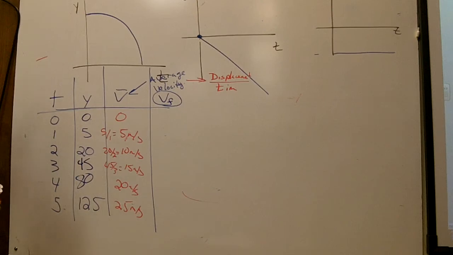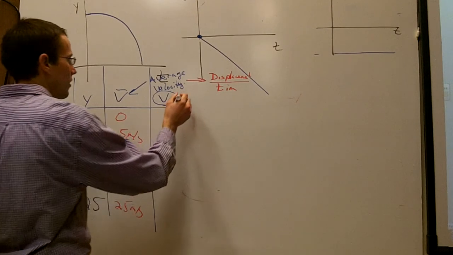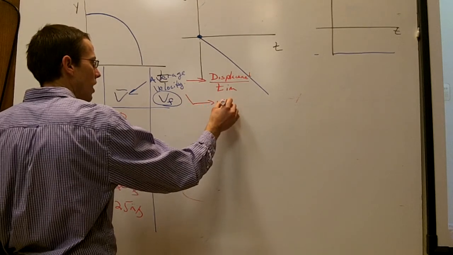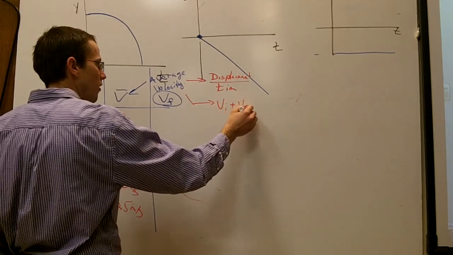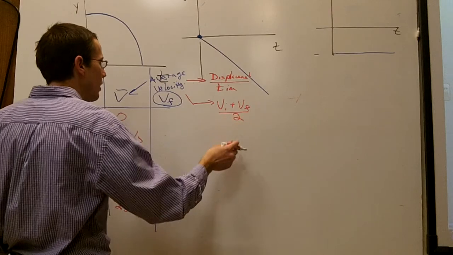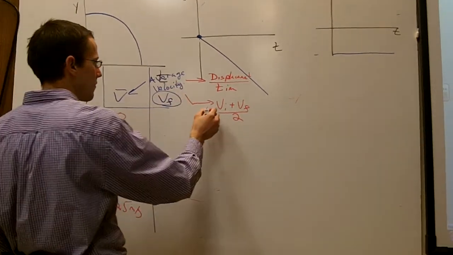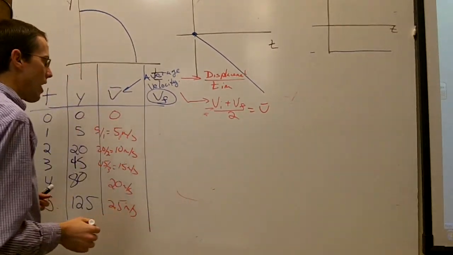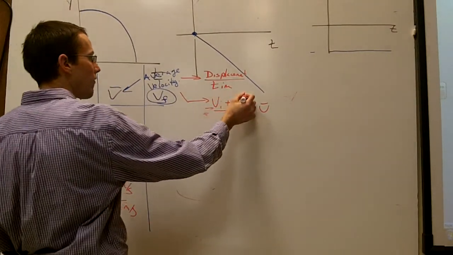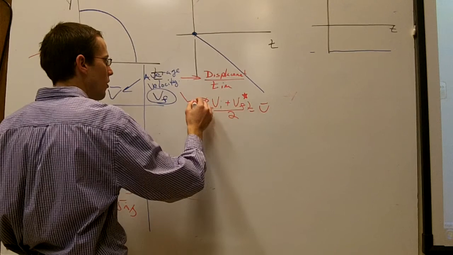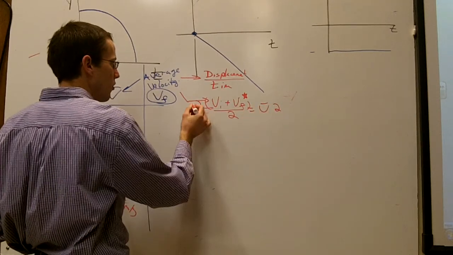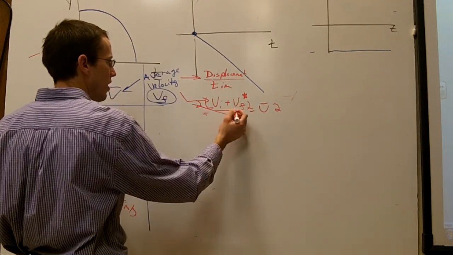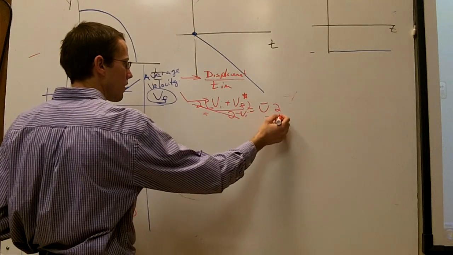Now how we do that is the other definition of average velocity, and that is if you take your initial velocity plus your final velocity and divide it by 2, that gives us average velocity. Alright, so now we actually want to find final velocity, and to do so you take both sides times 2, and then you subtract over your initial velocity.